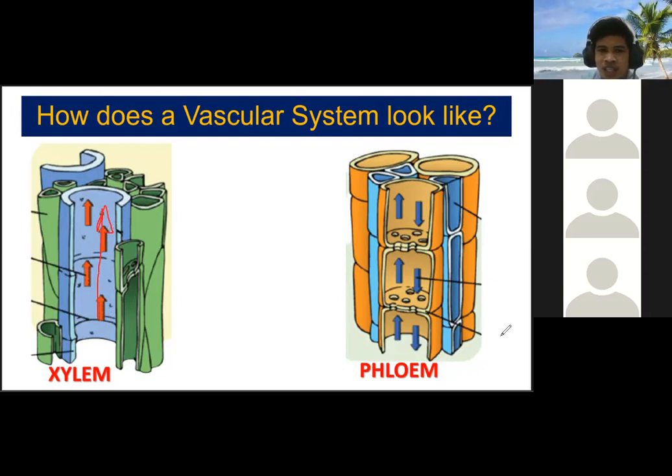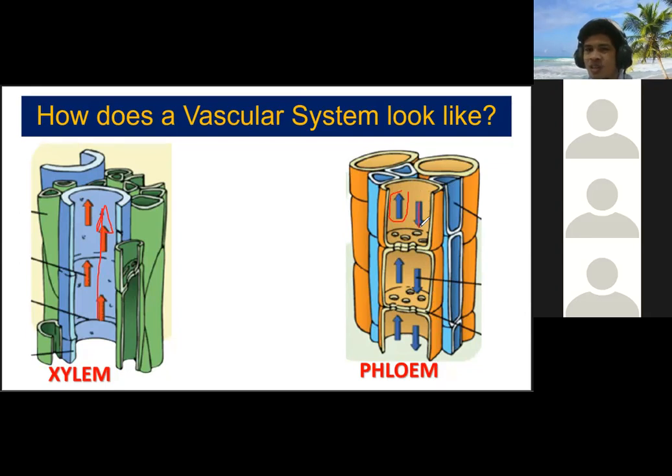But here on the phloem you can see two arrows, one going up and one going down. This is because although the main component being transported by the phloem is food, there is also some water, as you can see in the upward arrows. But the food is transported downward.